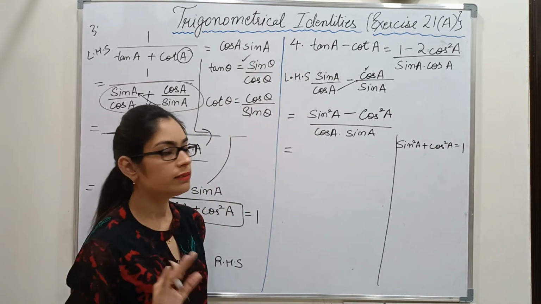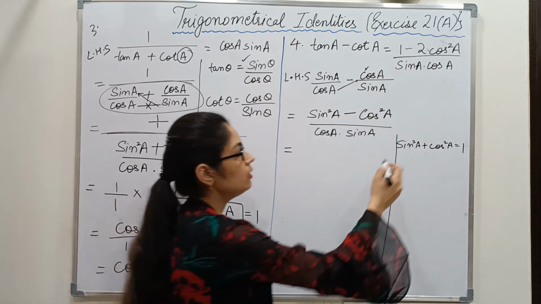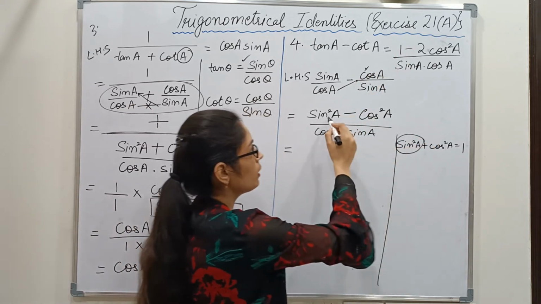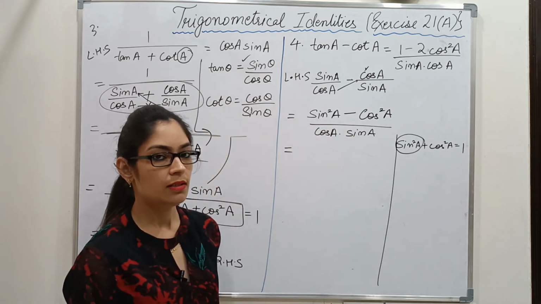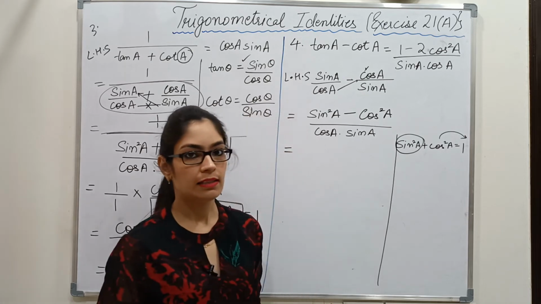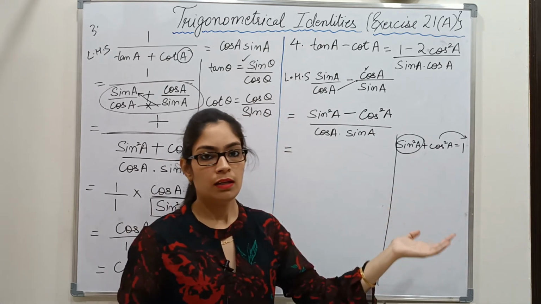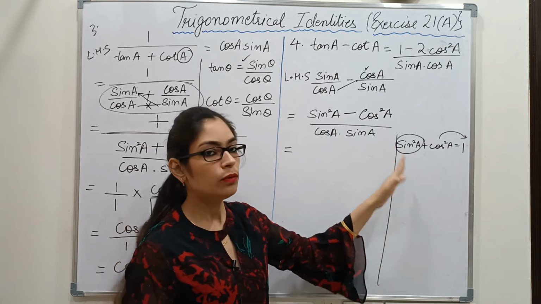Now I don't need sine. See here no sine is there. So in place of sine square, if we shift cos square to the other side, see it is one equation only. We can shift the expressions here and there to get whatever we need.